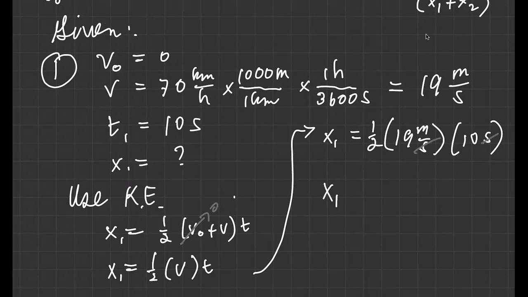And x1 is equal to, you can use your calculator, 19 times 10, 190 divided by 2, it's 95, right? Am I right? 85. Okay, so this is our displacement number 1 for the accelerating part. Okay, so let me box it. That's our first answer.